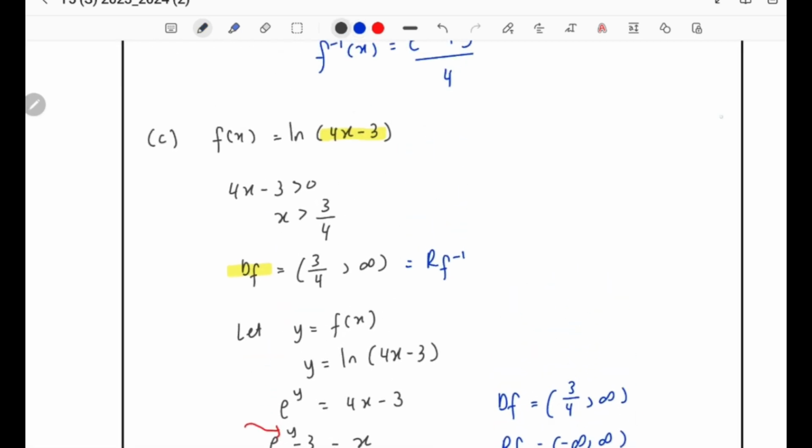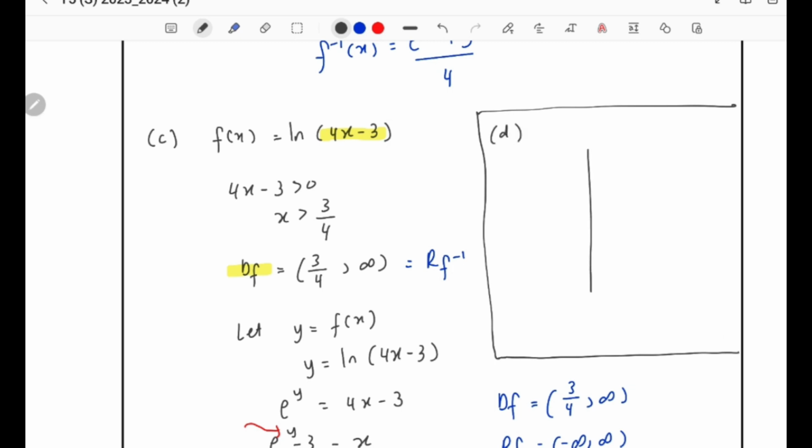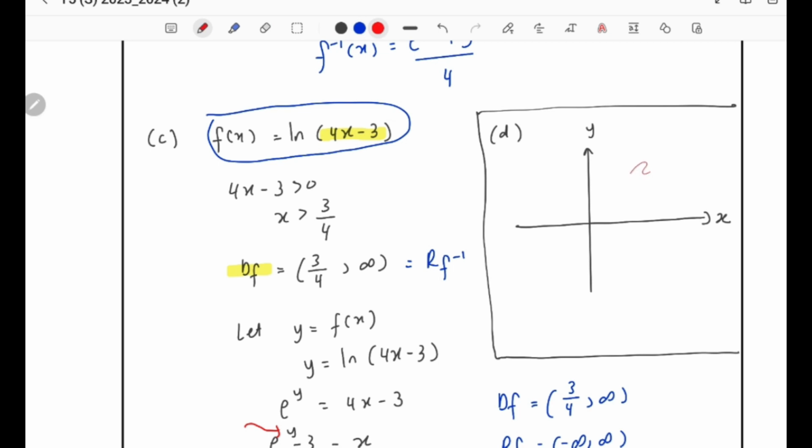And for the last one, we need to sketch the graph on the same axis. So draw the y and x axis. For the first function, f(x) equal to ln(4x minus 3), the asymptote is x equal to 3/4. And then the shape is going to look like this.